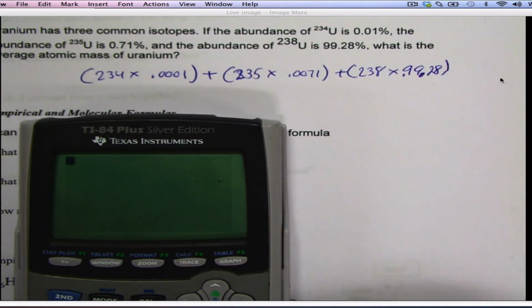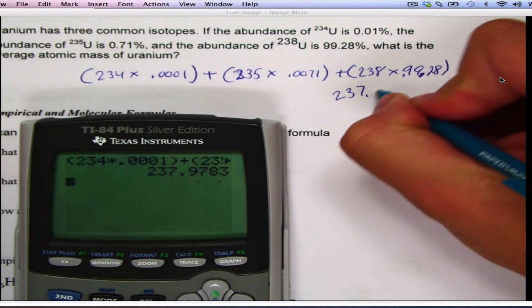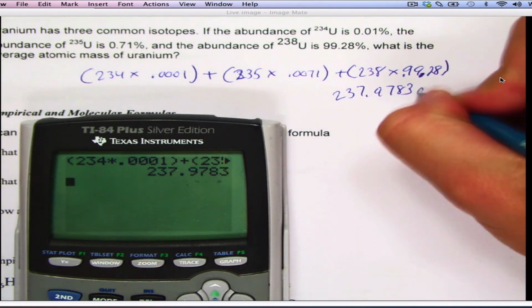So we go parentheses, 234 times 0.0001, close the parentheses, plus 235 times 0.0071, close the parentheses, plus 238 times 0.9928, close the parentheses, and we got 237.9783, and it's going to be AMUs.